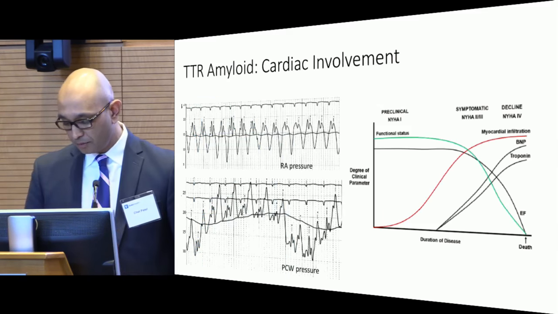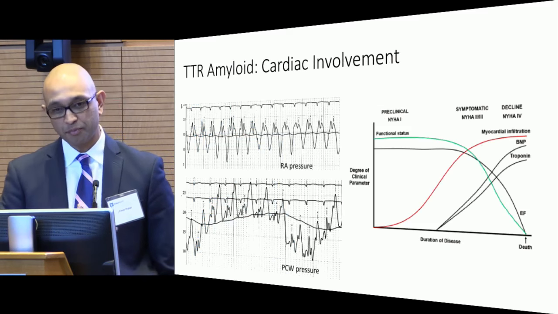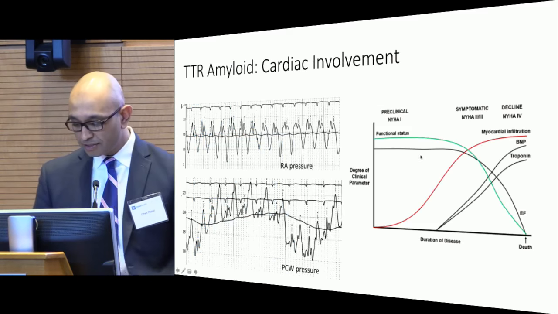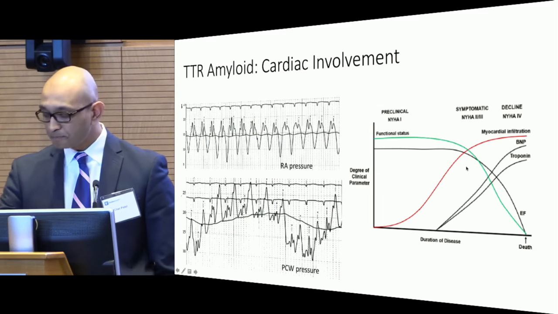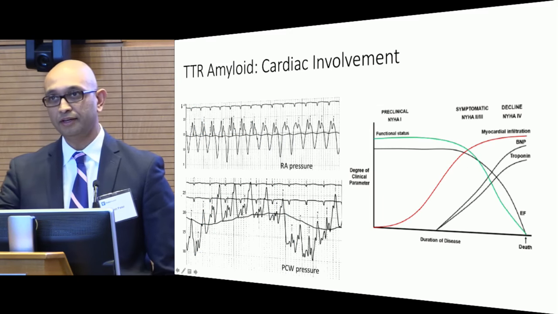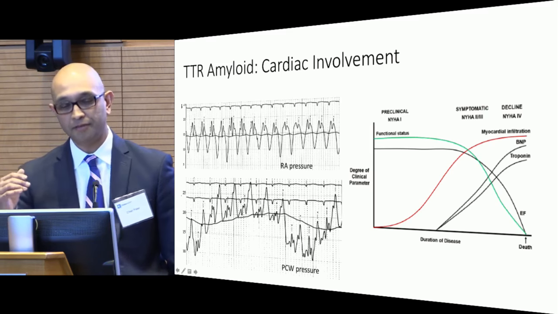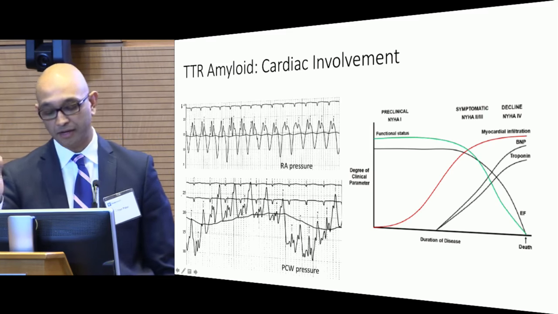Importantly, we often think about this as a progressive disease, but patients typically present very late in the course, when there appears to be a required amount of amyloid protein that's already deposited within the myocardium.